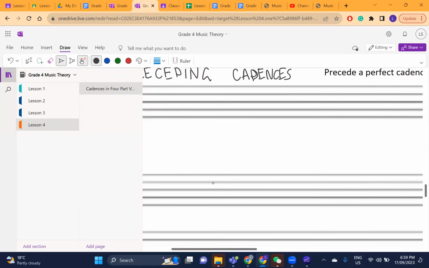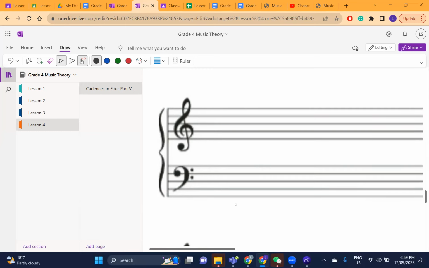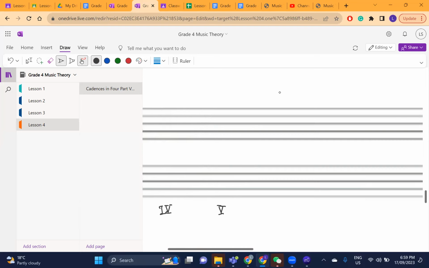Chord 1/6. And now let's try some more perfect cadence 3-chord progressions. Now, if I have 4 to 5, which is an imperfect cadence, and then to 1. So again, imperfect cadence, perfect cadence.